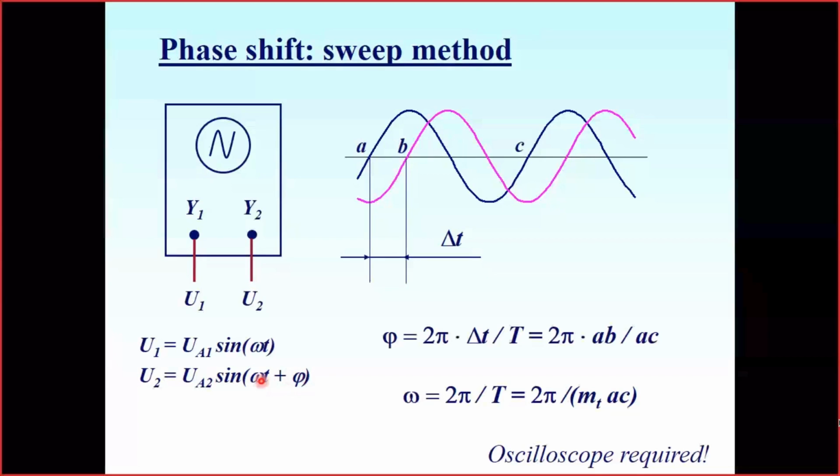This means that if we compare U1 and U2 and phi is positive, then at time 0 the value of the sine argument for the first signal is omega times 0, which is 0. For the second signal, the value of the argument will already be phi. It means that the sine has already progressed a little bit.